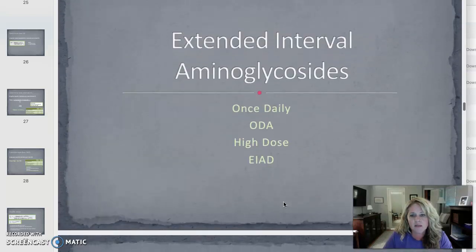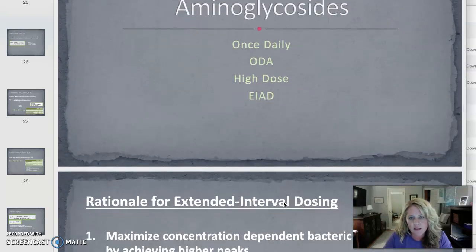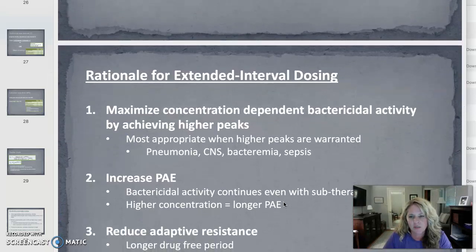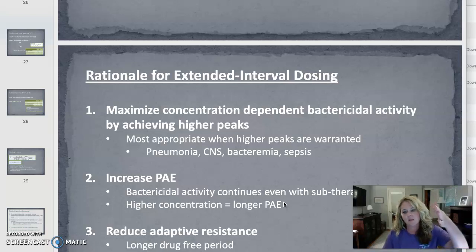Okay? So extended interval, also known as once daily or high dose, we use this to maximize that concentration-dependent bactericidal activity. So we want to get those peaks up as high as we can so we kill that bacteria, and then we want that trough level to come down below undetectable because we have that post-antibiotic effect with aminoglycosides.